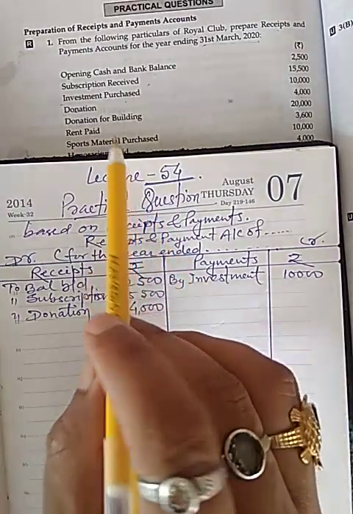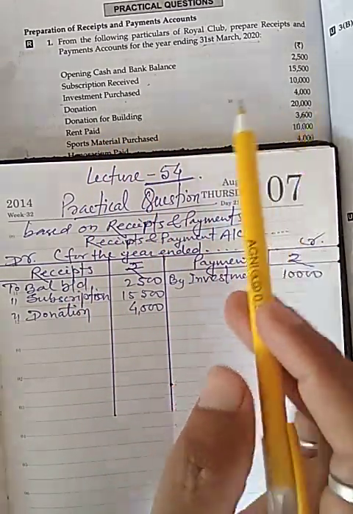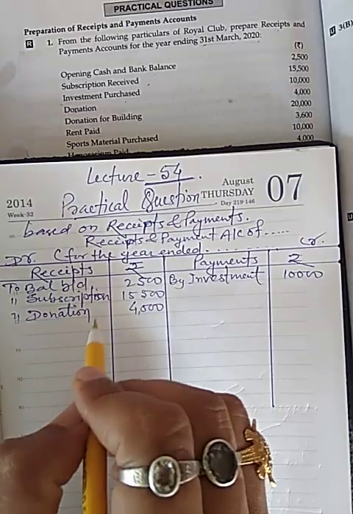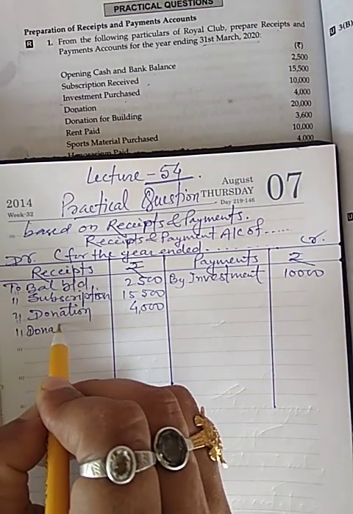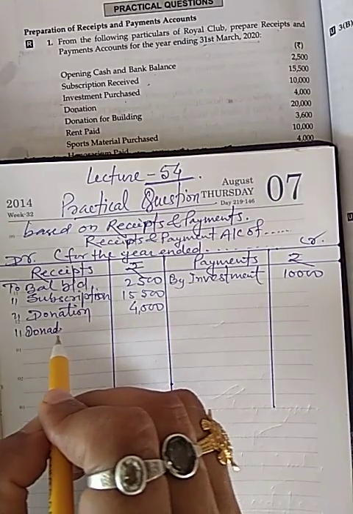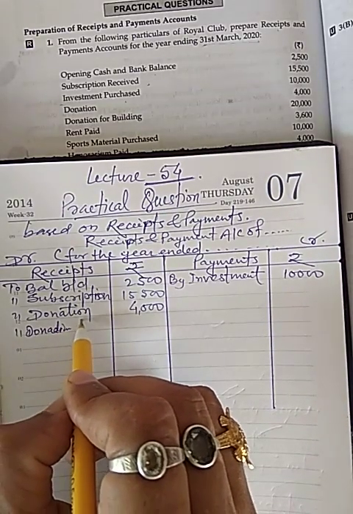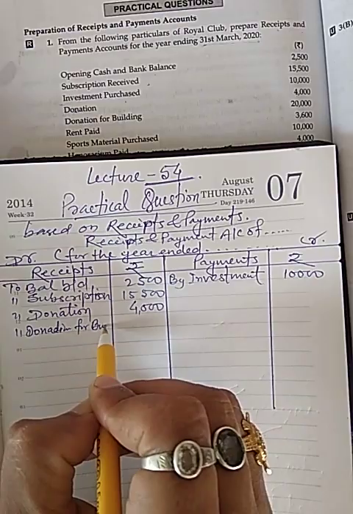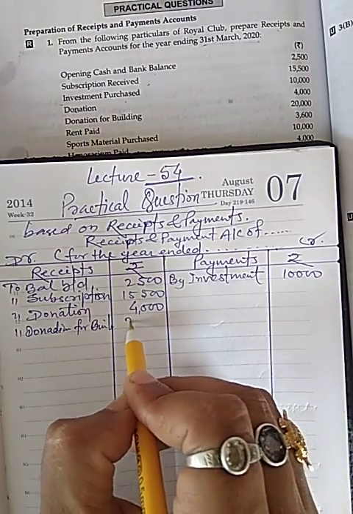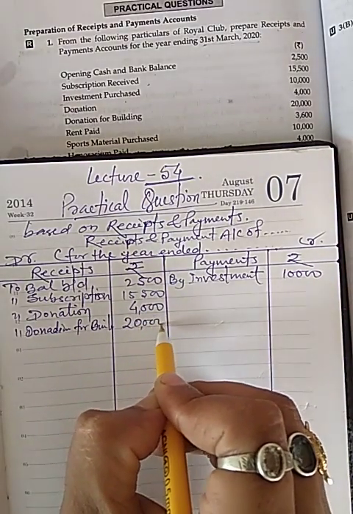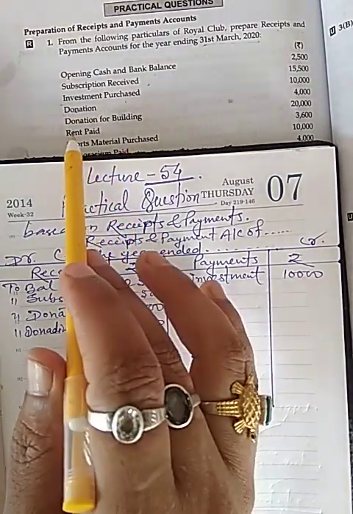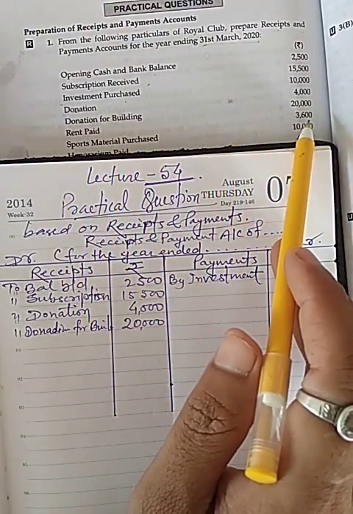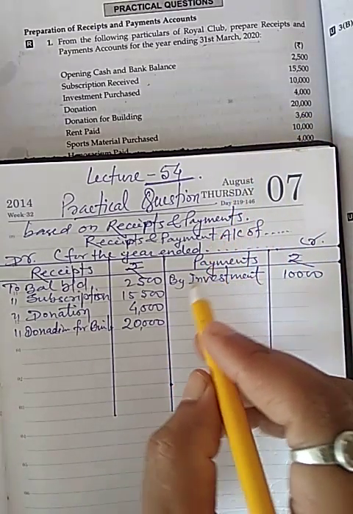Now next item is donation for building 20,000. So also it will be shown in receipt side. Donation for building 20,000. Now rent paid 3,600.